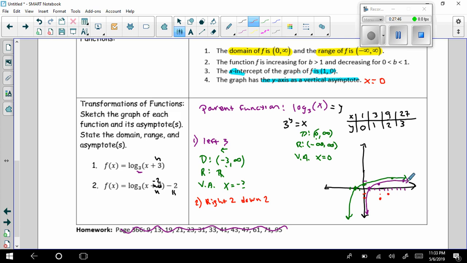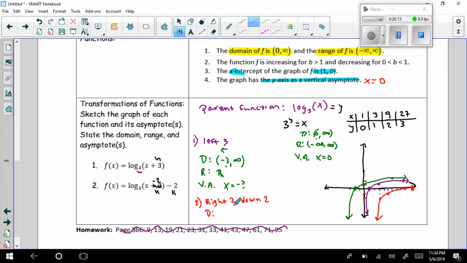This one, right 1, 2, down 1, 2. So something like this. So again, knowing to draw those arrows that it's going to keep going. This affects my domain again, but also not my range. So all of your shifts should affect your domain value for these particular types of graphs.